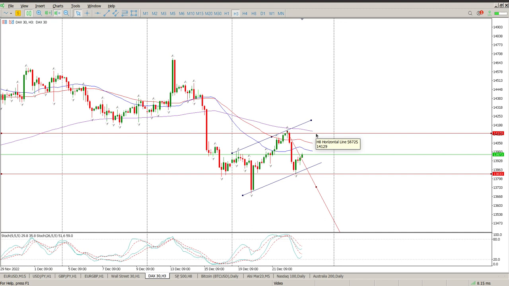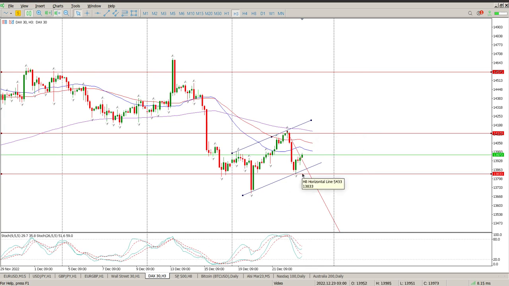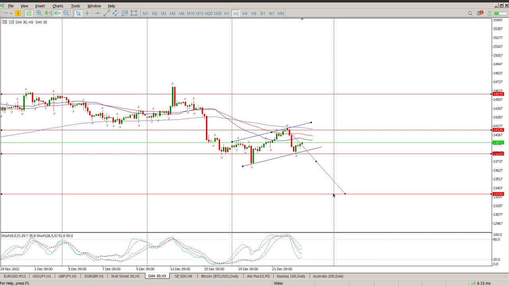So 14,129, get above that, find support, we should return to the top of the bigger channel. Oops, wrong line. We want to be up there. That's what we should be aiming for if we get above this area. And if we drop below 13,833, then this measured move should play out all the way down to 13,333.